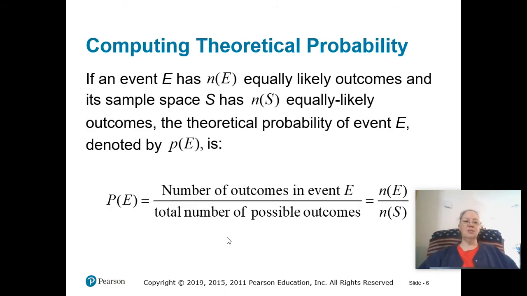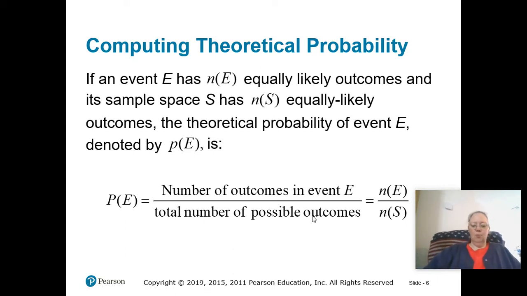If an event has equally likely outcomes, then the theoretical probability is the number of outcomes in the event divided by the total number of possible outcomes. That's going to make more sense when we do some examples.